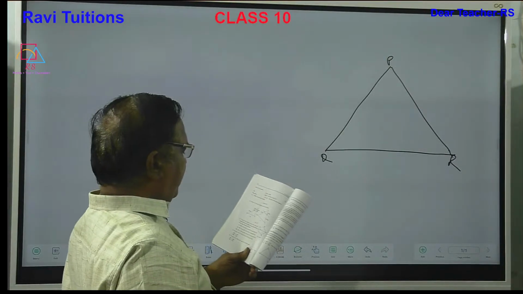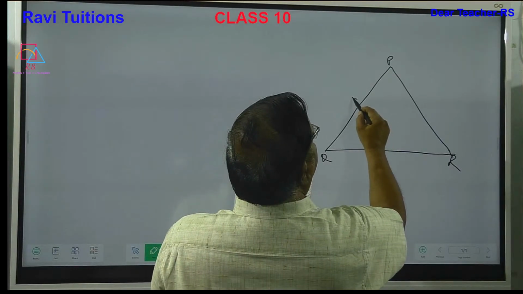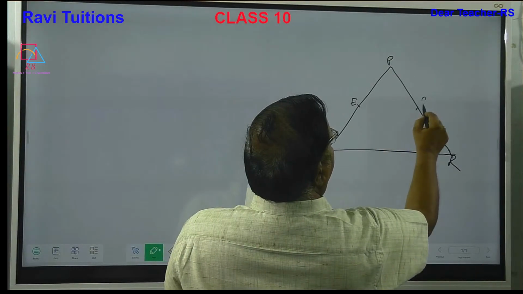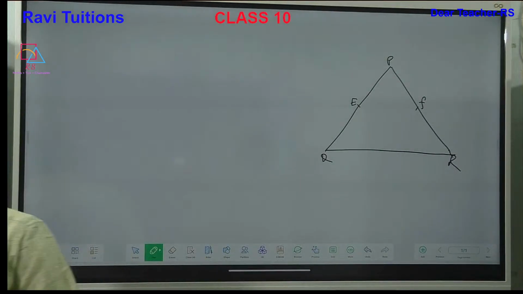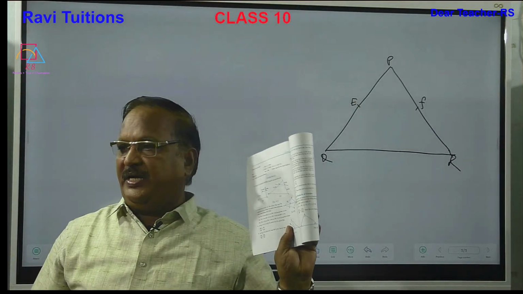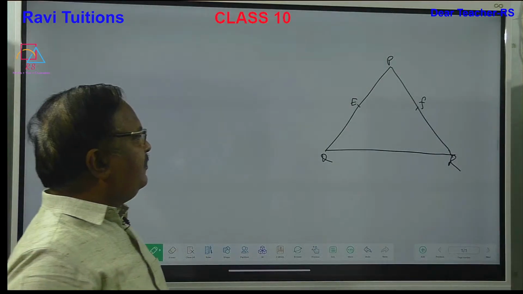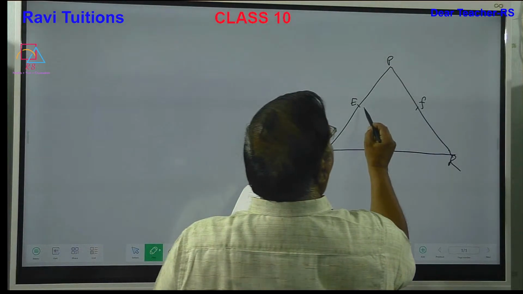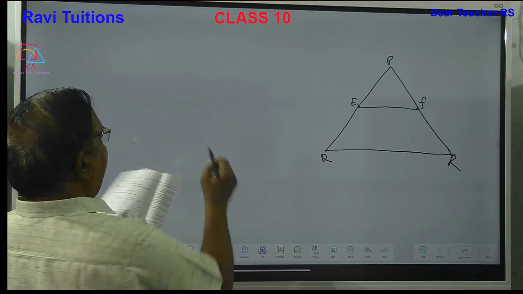So E is a point on PQ, let us say this is E, and let us say this is F. This is the triangle chapter, I am teaching you exercise 6.2. So we have to find out whether EF is parallel to QR or not, by seeing the data.